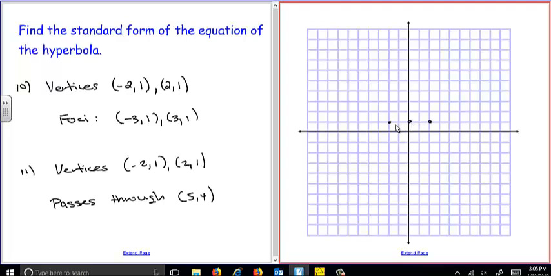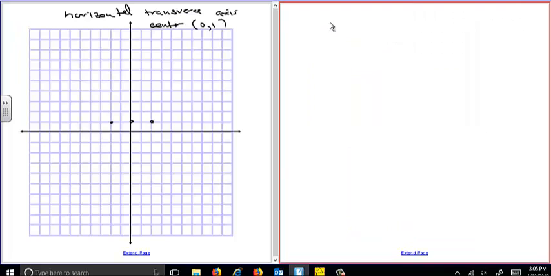So the question is, how do you figure out anything else? Well, we do know it's a horizontal transverse axis because I can draw a line through these points. I also know the center has the coordinates 0, 1.